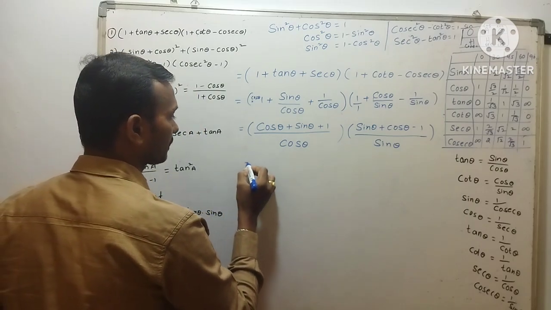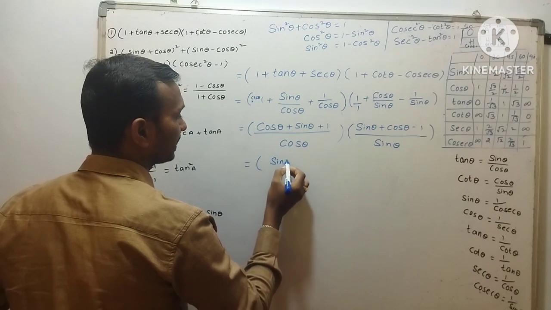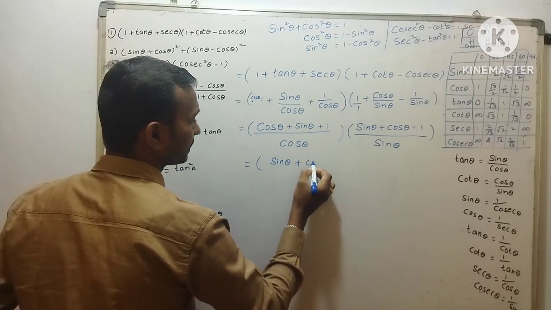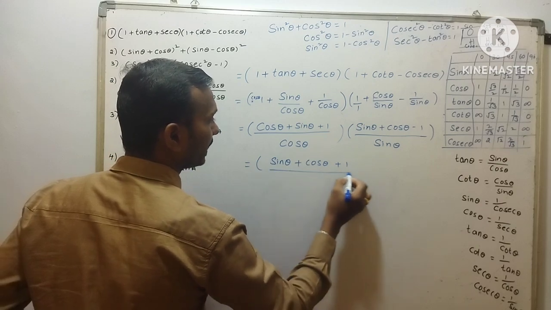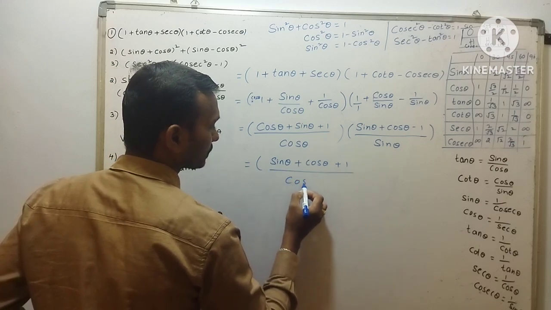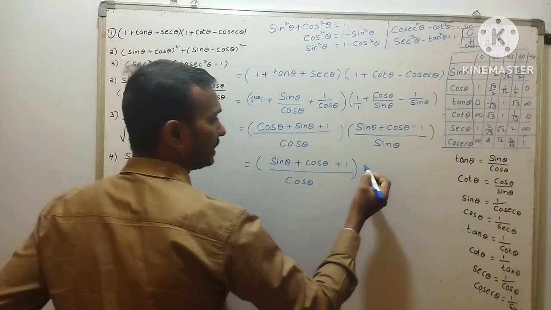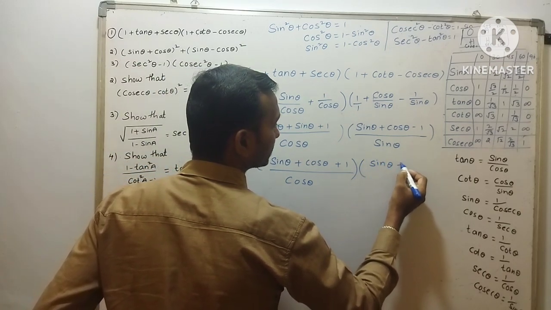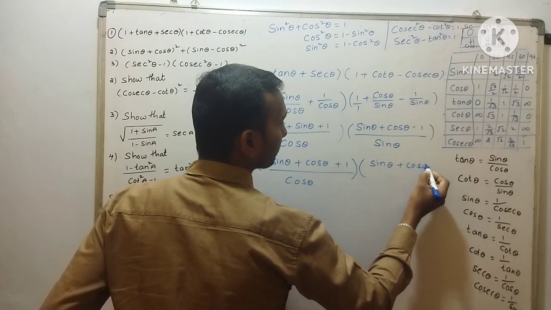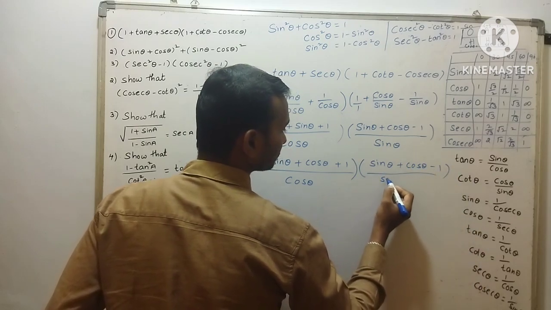Now, so finally we are getting, just rewrite, sin theta plus cos theta plus 1 by cos theta. Here sin theta plus cos theta minus 1 by sin theta.